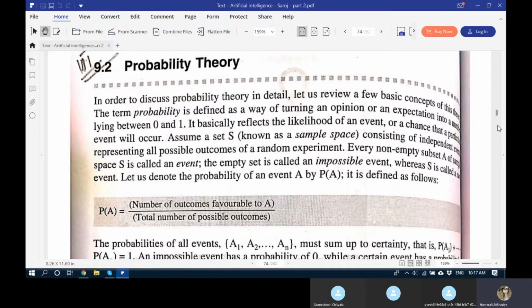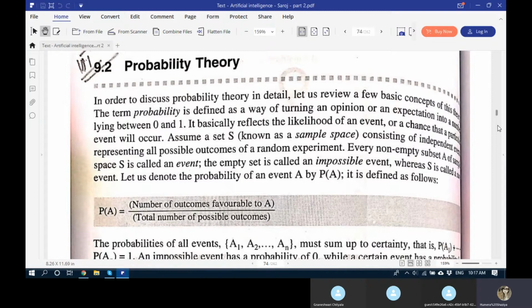An empty set is called an impossible event, whereas S is called a sure event. Here the terminology given is a sure event. S is called a sure event, and an empty set is called an impossible event.